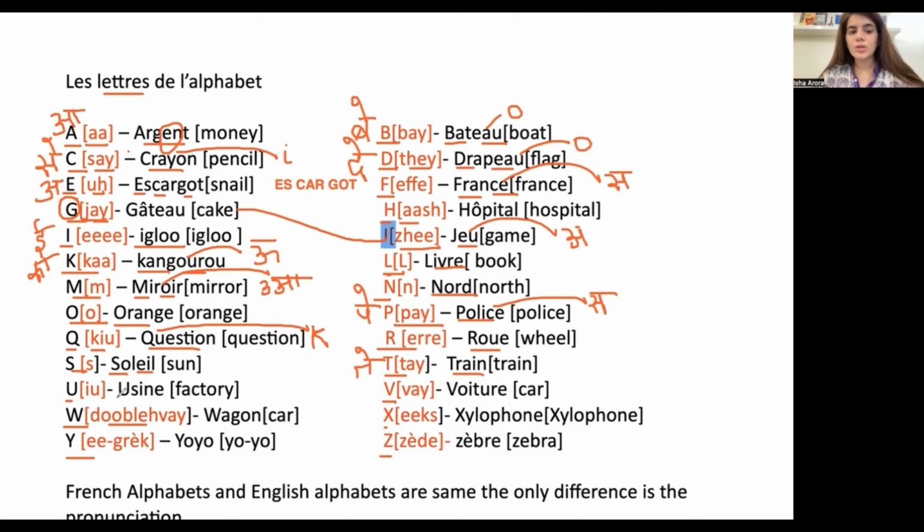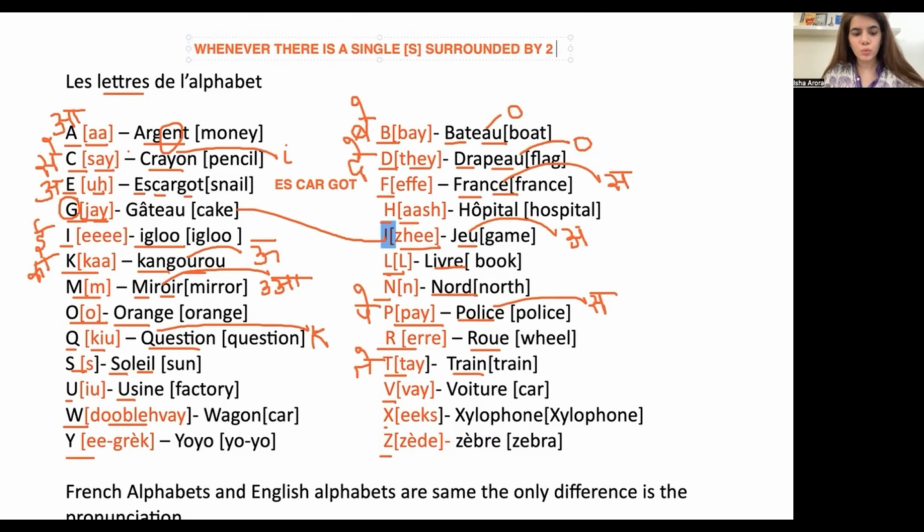Next, usine, usine. So see, there is one rule in French which I would mention writing here. The rule says that whenever there is a single S surrounded by two vowels, it gives the sound of z.